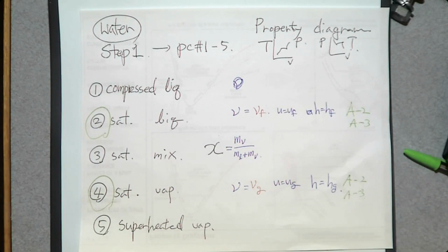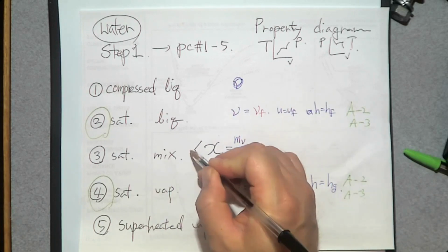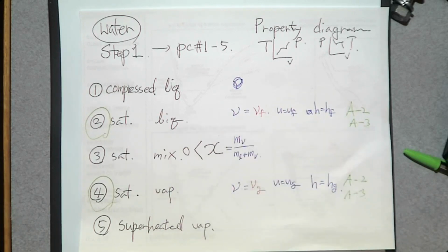So let's say you have only liquid. What is the mass of vapor? 0. So this quality x becomes 0 when you have 100% liquid. When you only have 100% vapor, the mass of liquid is 0, so mv over mv is 1.